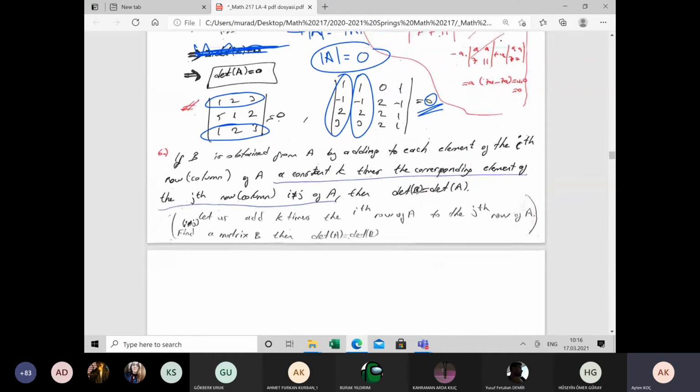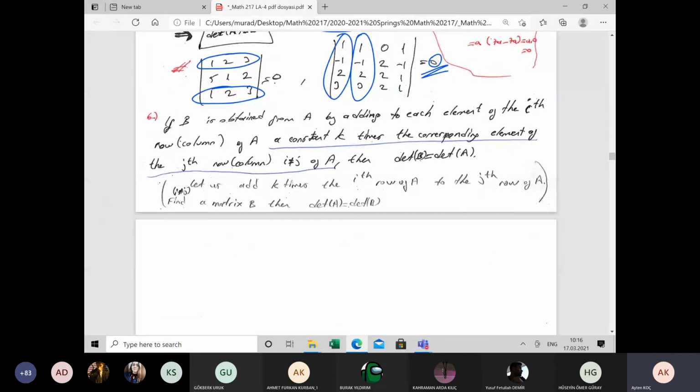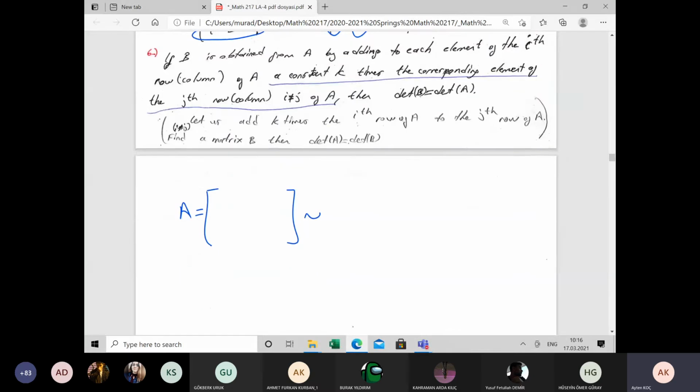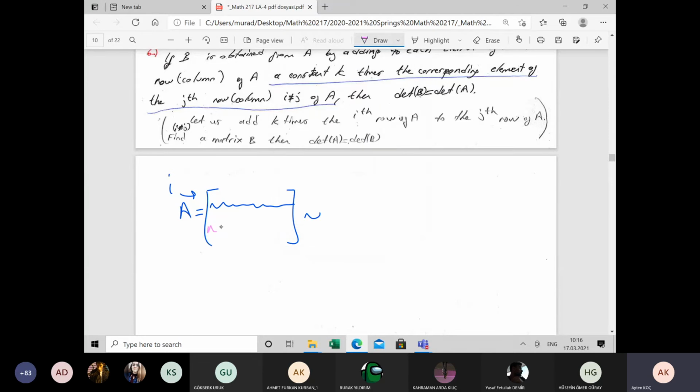Another elementary row operation, start with A. The last operation: take row I and another row J. What's the operation? Take this row, multiply by a scalar k.